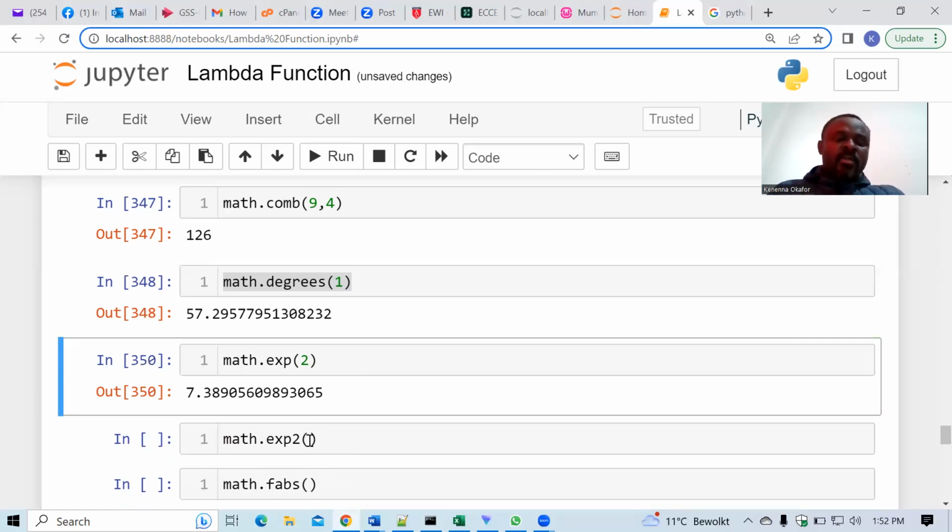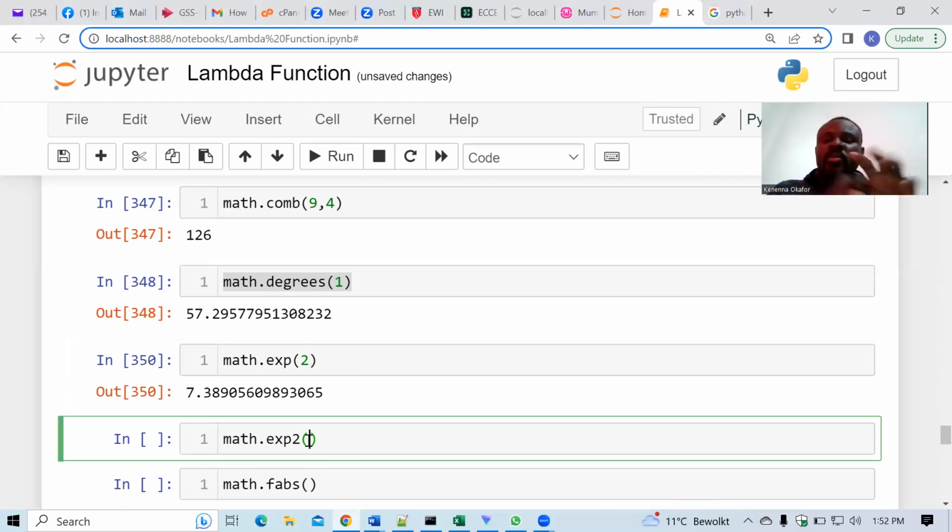Right. Then the EXP2, in this case, you have the 2 there, raised to the power of the given argument. So that value is returned. So it takes 2 and raises it, in exponential notation, you have 2 raised to the power of x, right? So let's say the x is 3.